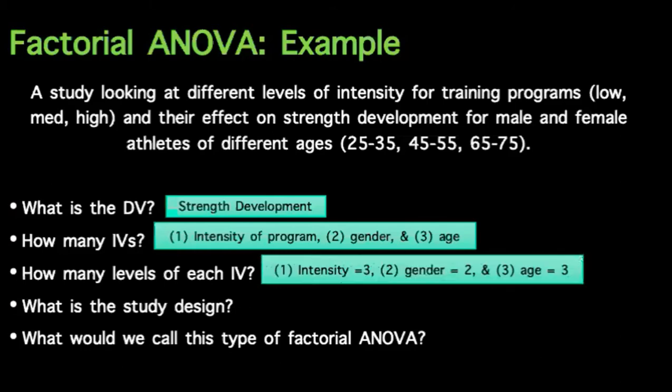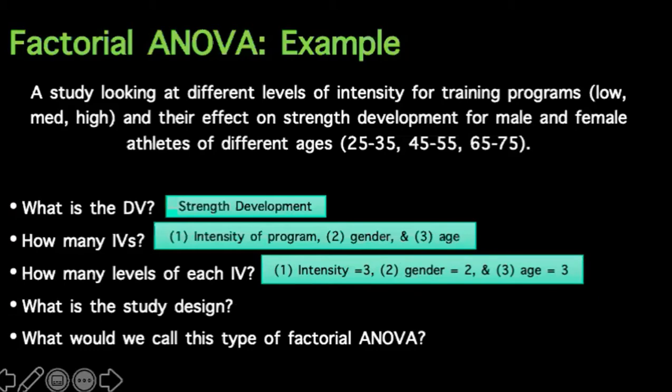So it's important that you identify these, and this is the general stepwise process that I'll have you do when you figure out what type of factorial ANOVA you're looking at. Actually, I'm skipping ahead of myself, but start thinking about it. What is the study design?